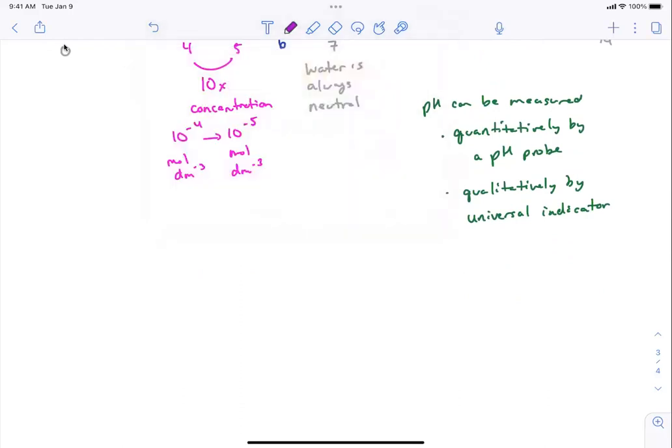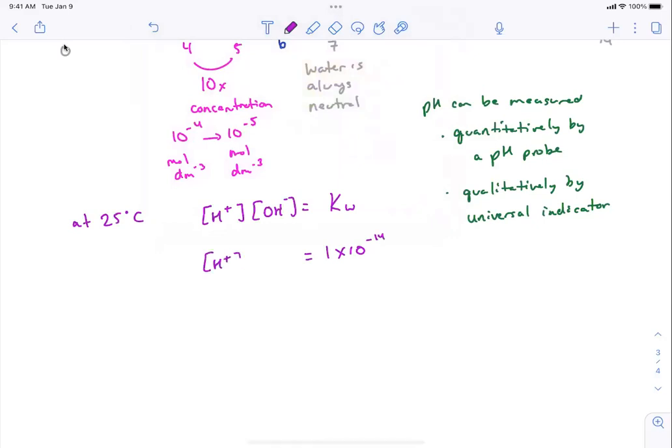Now, the thing that Marina was asking about with water is that at 25 degrees Celsius, which is what SL always does everything at, the concentration of H plus times the concentration of OH minus is always equal to Kw. And for SL, that's 1 times 10 to the negative 14.